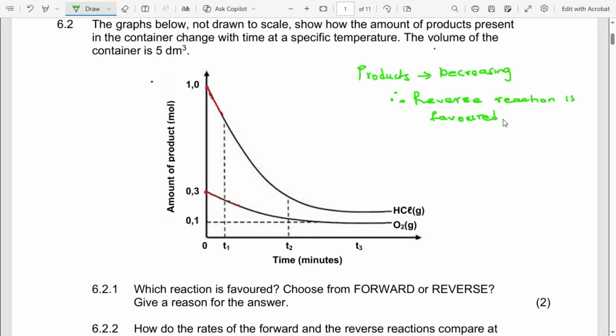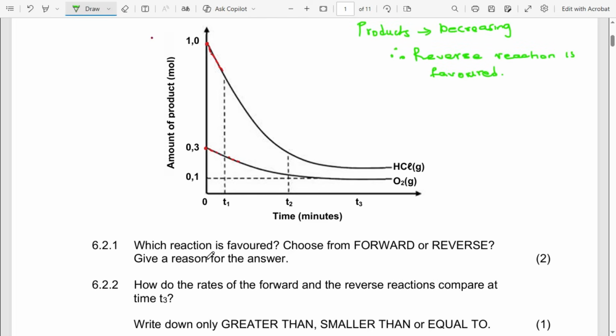So now, when they ask us to choose from forward or reverse, which reaction is favored, the correct answer is reverse. And what will be the reason? Remember, on the graph, HCl is decreasing, O2 is decreasing. Those are our products. Since the amount of products is decreasing with time, the products are being converted back into reactants.